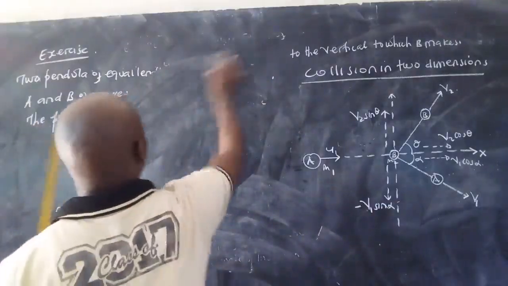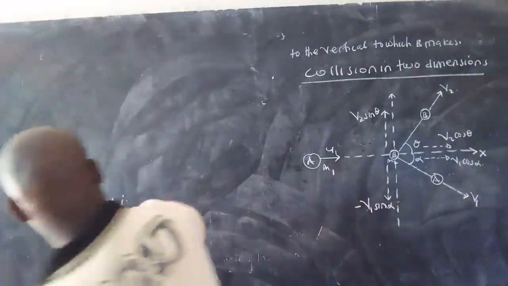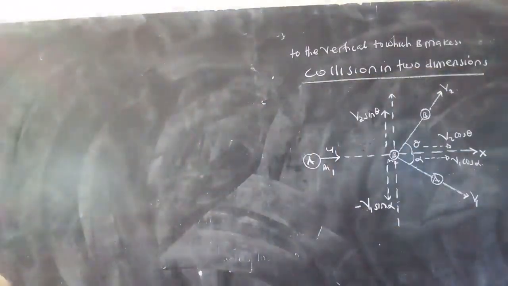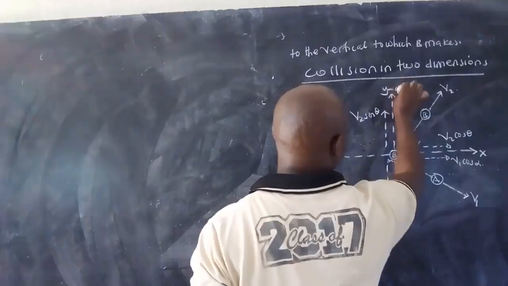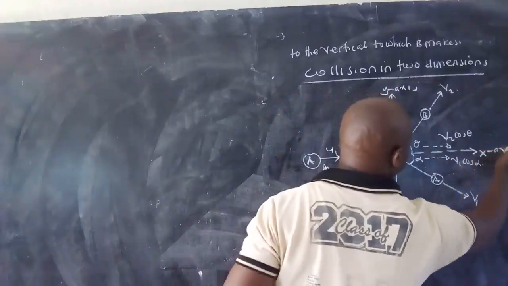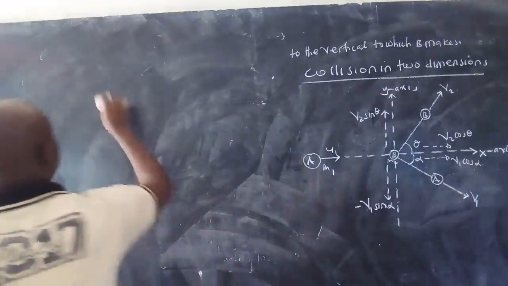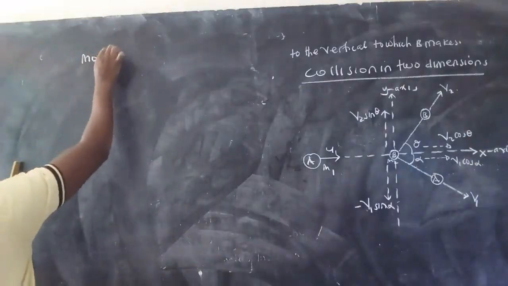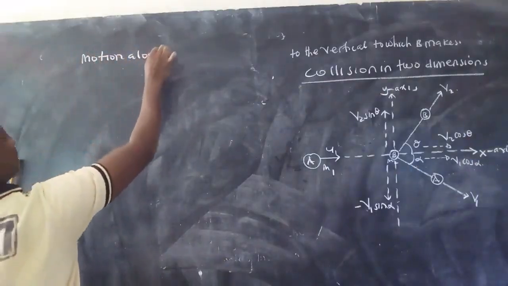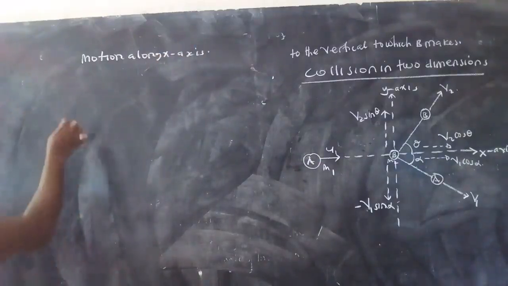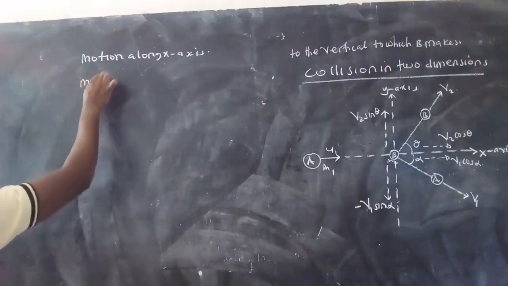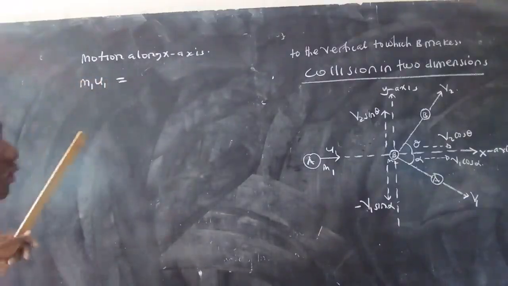So we shall now look at horizontal motion, motion along the x-axis. This is the y-axis and this is the x-axis. Along the x-axis, momentum before collision is m1 u1, equal to momentum after collision.